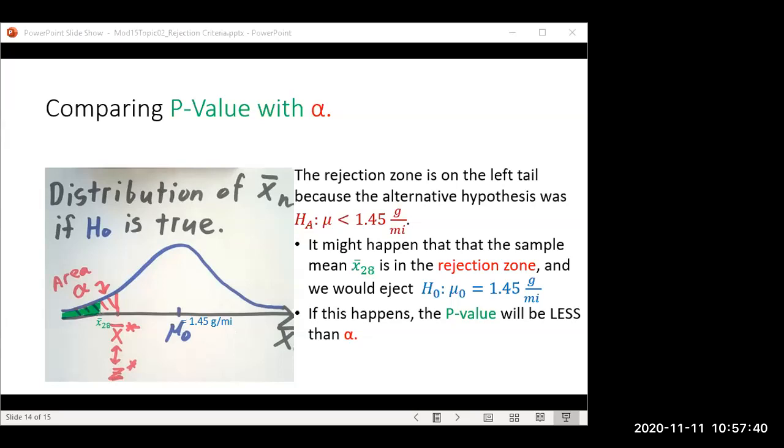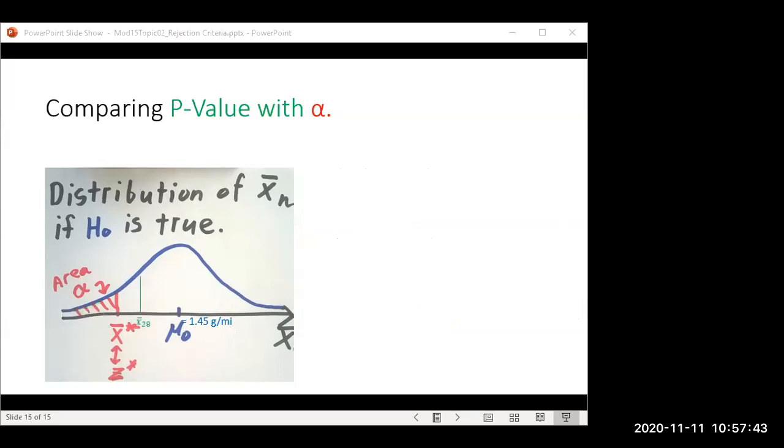Okay. But now, it also might happen that your sample mean falls closer to the null hypothesis mean. If it falls over here, sure, it's weak evidence against the null hypothesis. And you always get some degree of evidence against the null hypothesis because you're rarely going to hit it right on, maybe never.